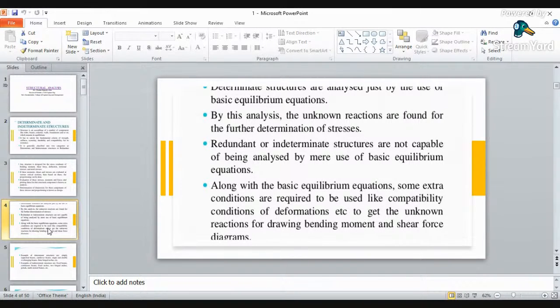Okay, but along with these basic equilibrium conditions, if you require extra conditions to solve these structural components, like compatibility equations, deformations, to draw the bending moment or shear force diagram, then these structures are known as statically indeterminate structures.